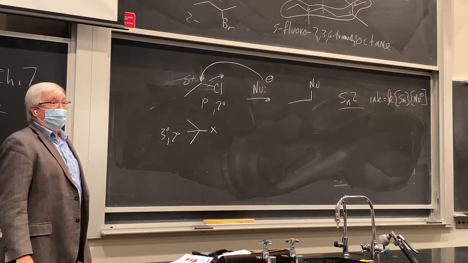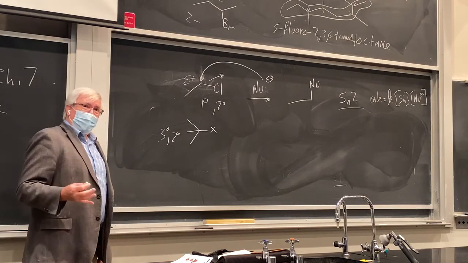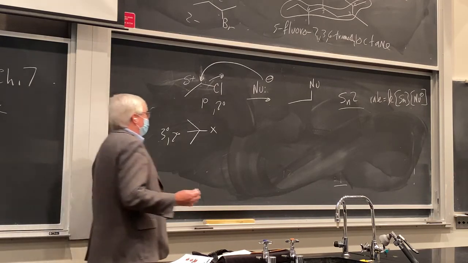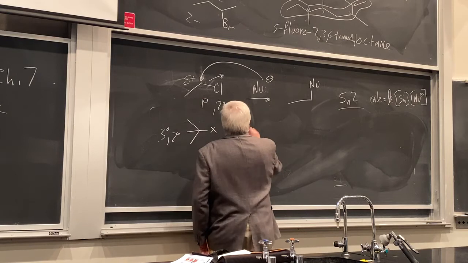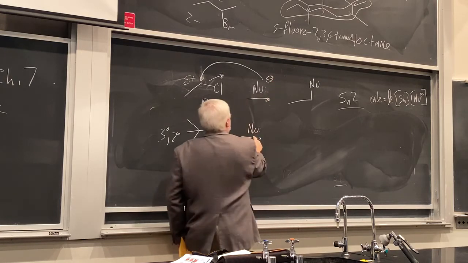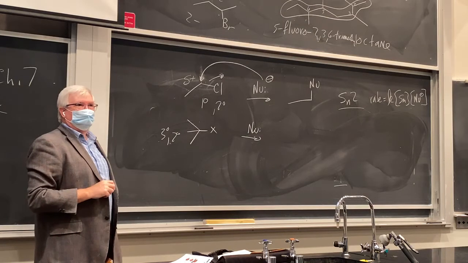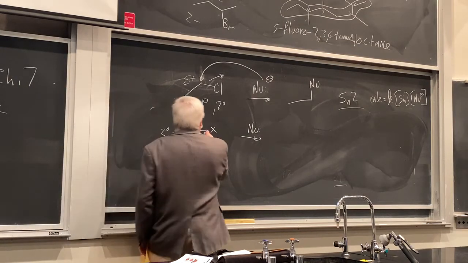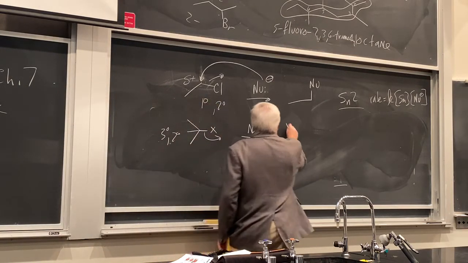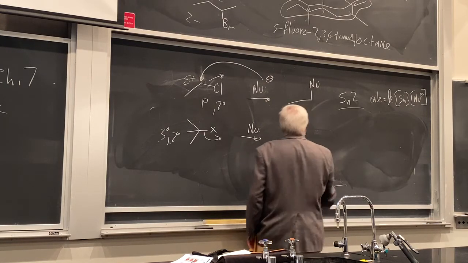Actually, primary can go this route that I'm going to show you now. If the intermediate cation is stabilized by resonance, and instead of being charged, the nucleophile here is going to be neutral. Okay, so once we have a negative charge here, here we have neutral, and we have a more substituted tertiary and secondary. So our reactivity here is going to be unimolecular. Our slow step is just going to be the ionization.